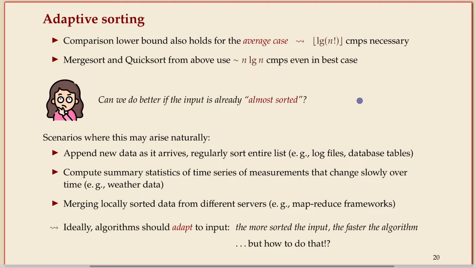What can we do if the input is already almost sorted? And what does that actually mean? There are different ways to formalize this. But instead of starting from definitions, I want to show you some example applications of why it naturally arises in cases where you want to sort something, but it's not completely random.